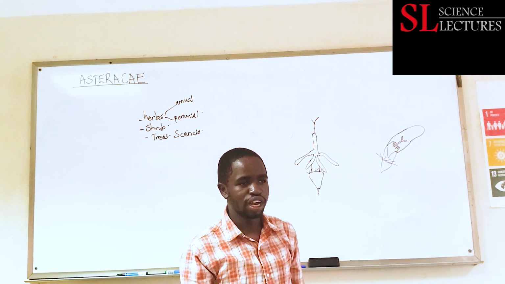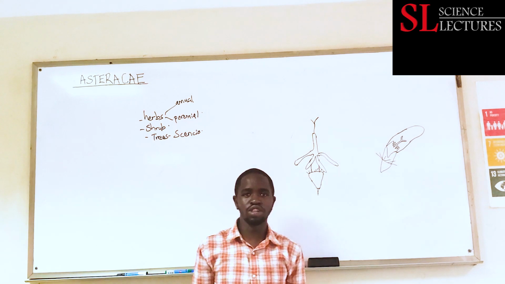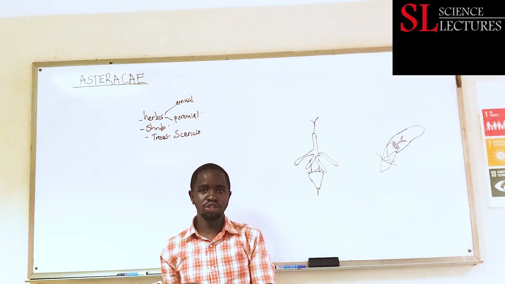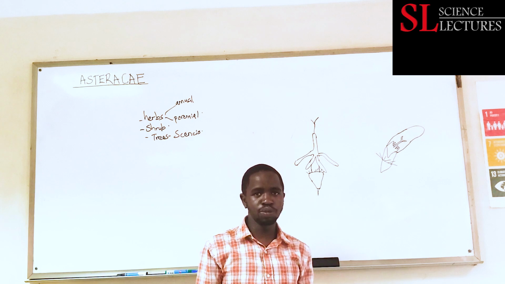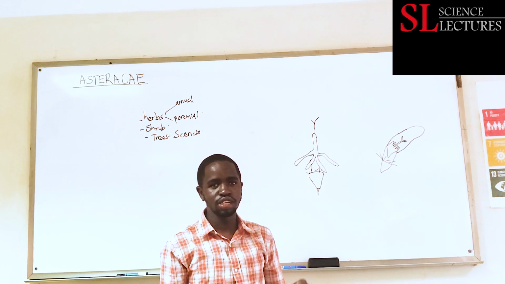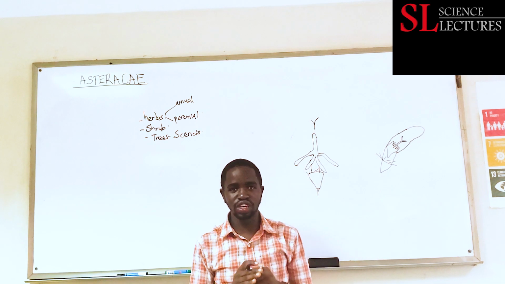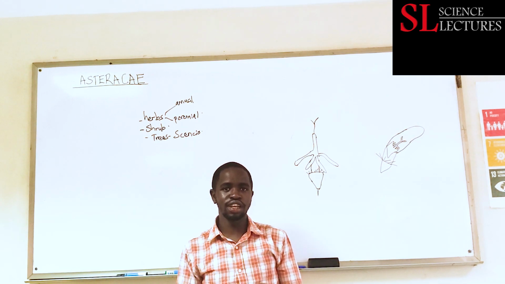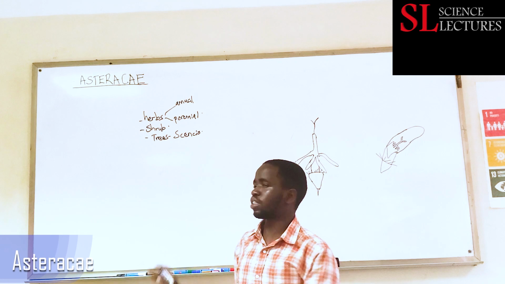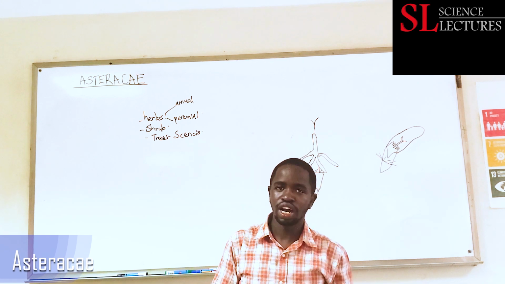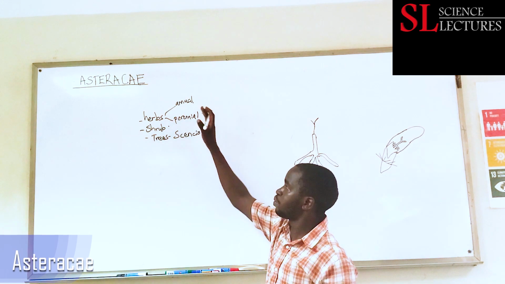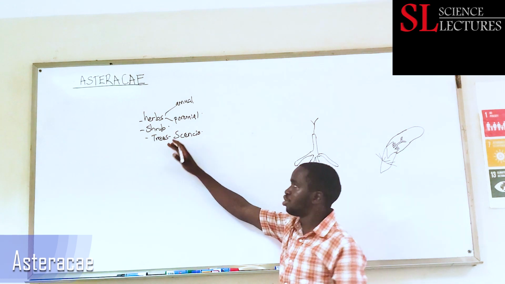In your earlier levels, you must have discussed zonation on a mountain, where some plant species are found at a certain height. Members of genus Senecio grow on mountains at a specific height, and as we shall discuss later with the importance, these members act as indicators of a certain altitude. So some are herbs, others are shrubs, some are trees.